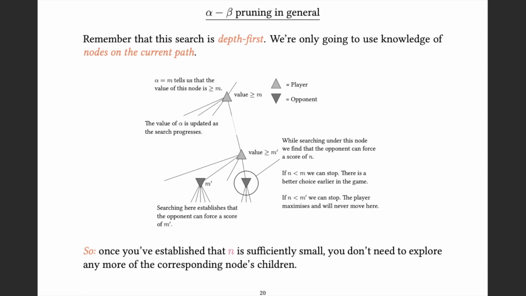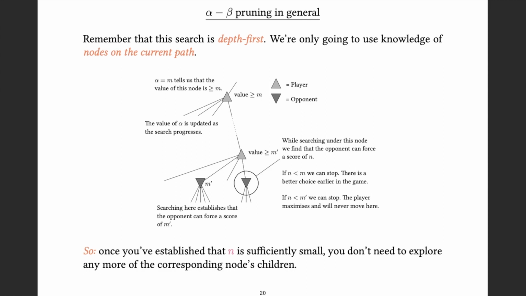So initially here I have a node, the upward triangle at the top of this diagram, representing a play for the player who is trying to maximize the outcome score. And we're going to assume that we've established at that point in the search through the game tree that if the player gets to that node, they can force a score of at least m.